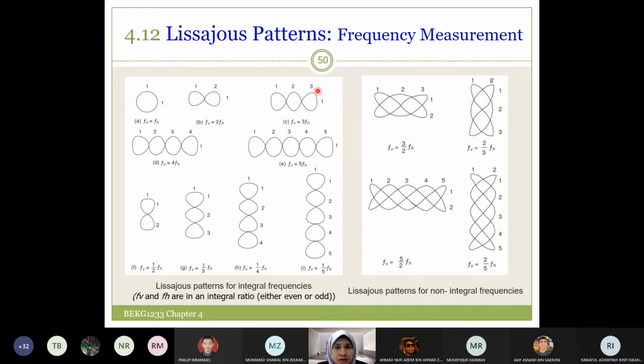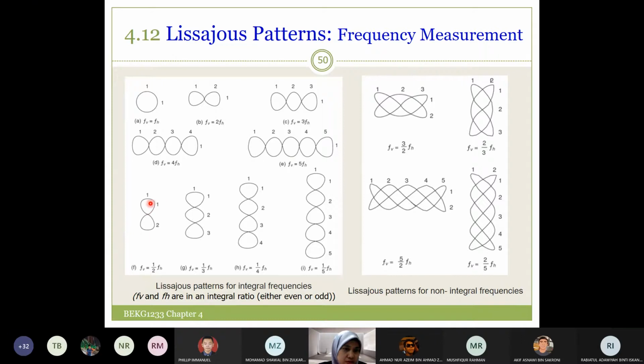This one we have 3 loops on horizontal, so put 3 Fh, and we have only 1 on vertical, so put 1 Fv. This one is Fv equal to 4 Fh. This one Fv is equal to 5 Fh.